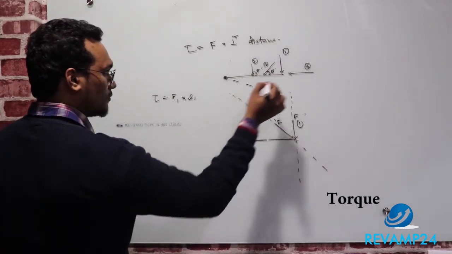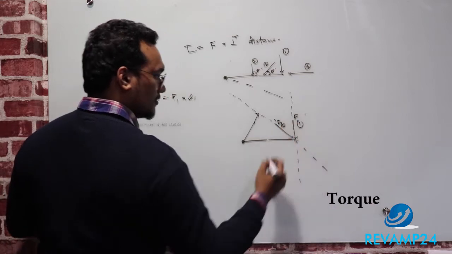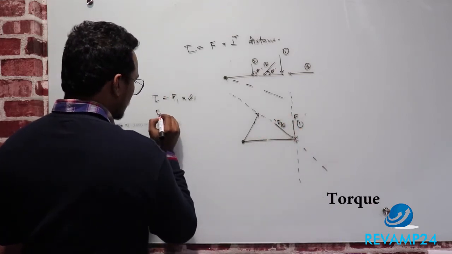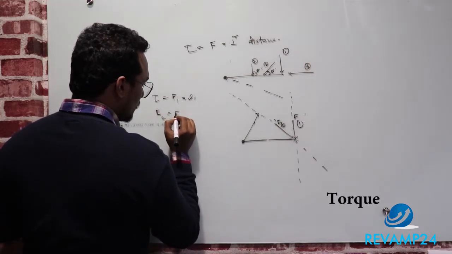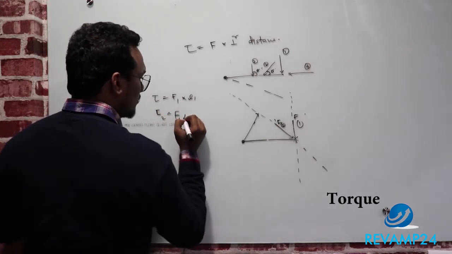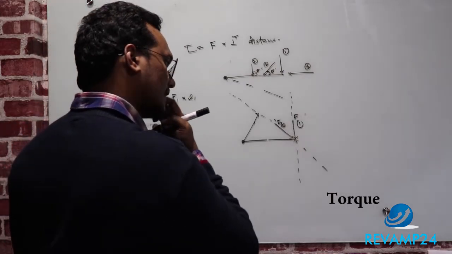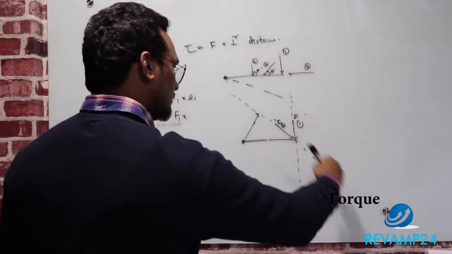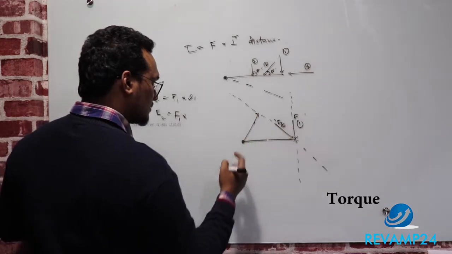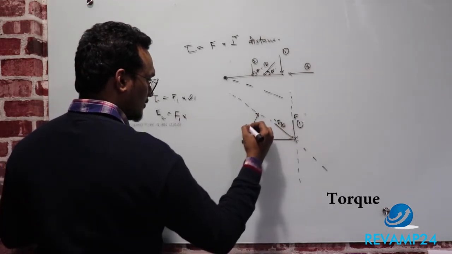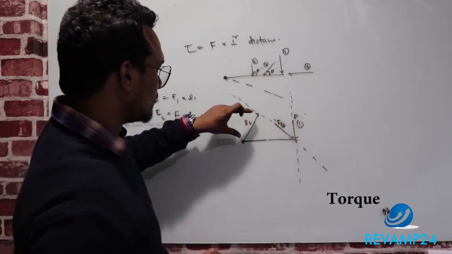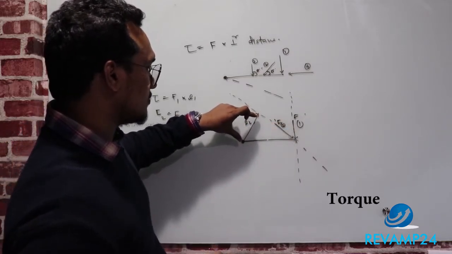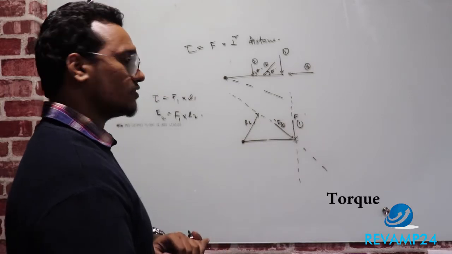Now see, the torque by the second person in this example is nothing but F2, or the same force F1, into this length, that is L2. We'll assume that he has applied the same force, but one in this direction and one in this direction. See, now it's the same force, but the perpendicular distance to the line of action of force has changed.